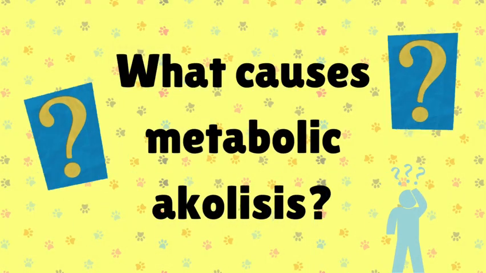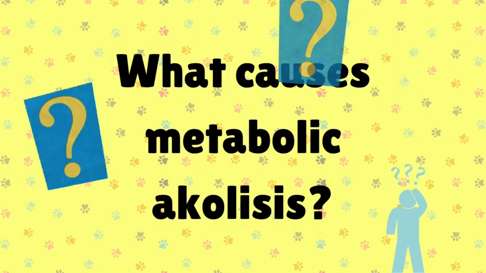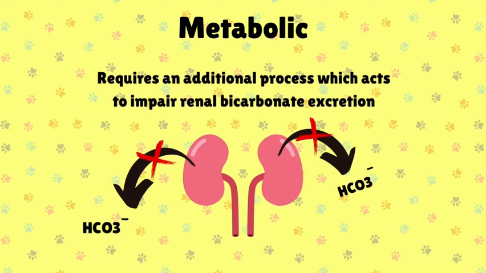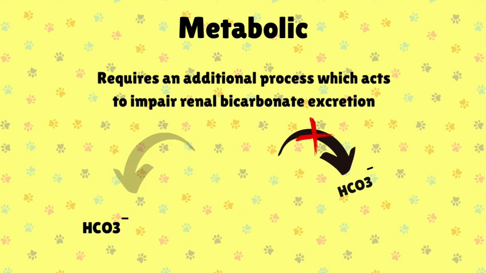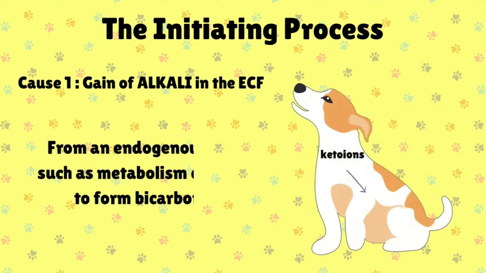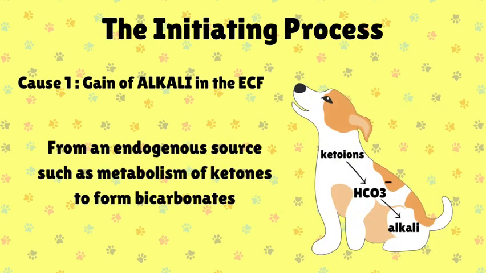What causes metabolic alkalosis? The persistence of a metabolic alkalosis requires an additional process which acts to impair renal bicarbonate excretion. It starts with the initiating process, due to gain of alkali in the extracellular fluid. It can be from an exogenous source, such as sodium hydrogen carbonate via intravenous infusion, or from an endogenous source such as the metabolism of ketones to produce bicarbonate.